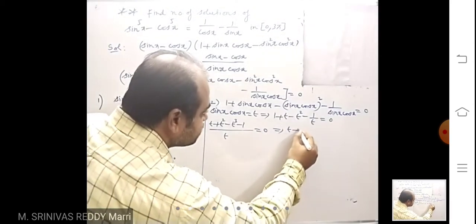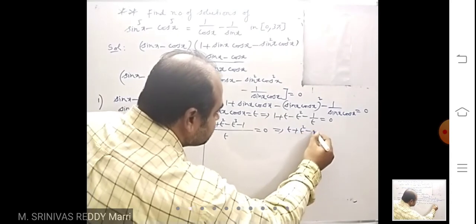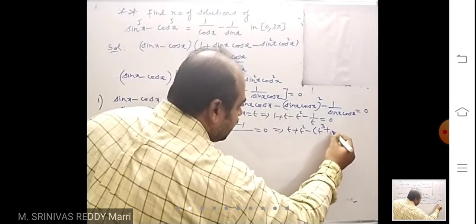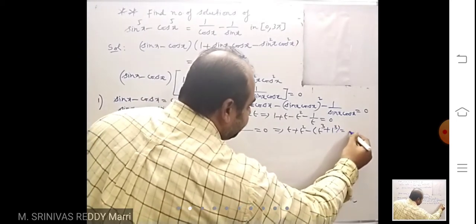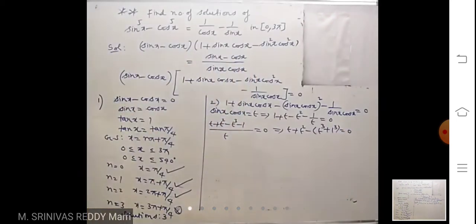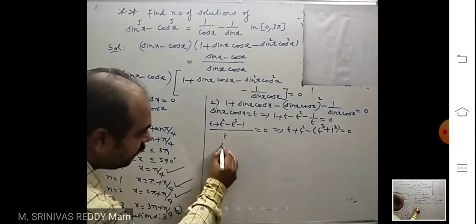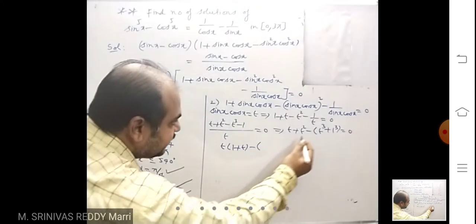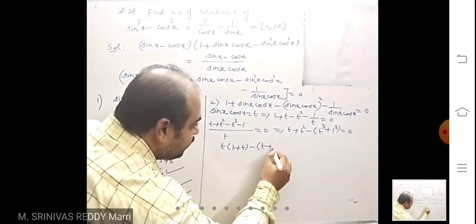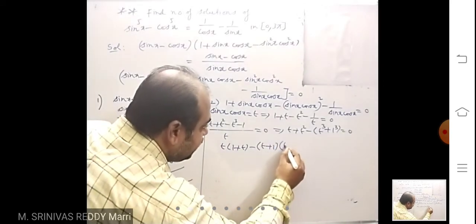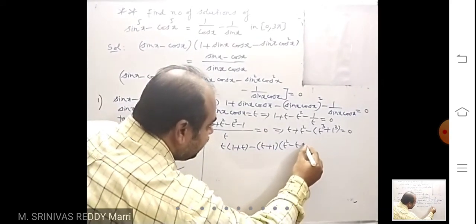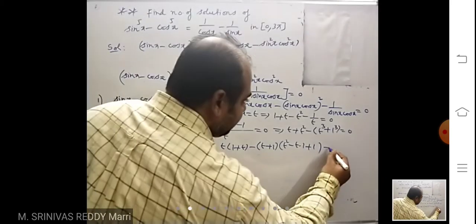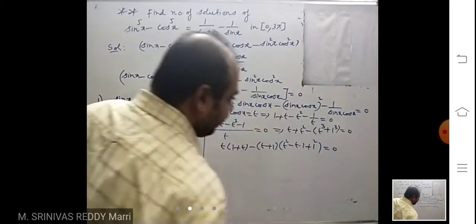This reduces to t plus t square minus, taking minus common, t cube plus 1 cube. I want to write a cube plus b cube, which is a plus b into a square minus ab plus b square.